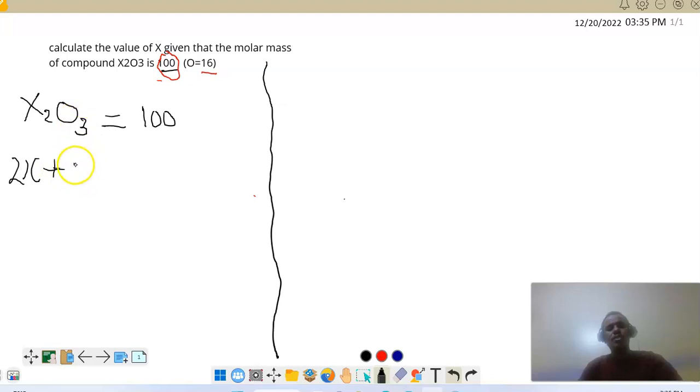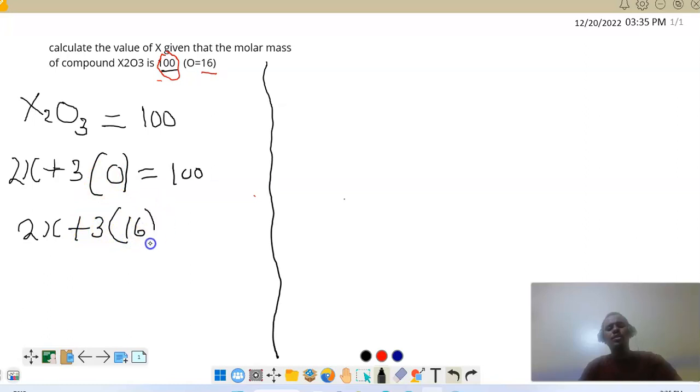We have 3 oxygen, so we write 3 here and also make it the coefficient of oxygen. 3 open bracket oxygen close bracket is equal to 100. So how do you do it then? You say 2x plus, instead of O we have the value of O here, 16. We write 16. 3 open bracket 16 close bracket is equal to 100.